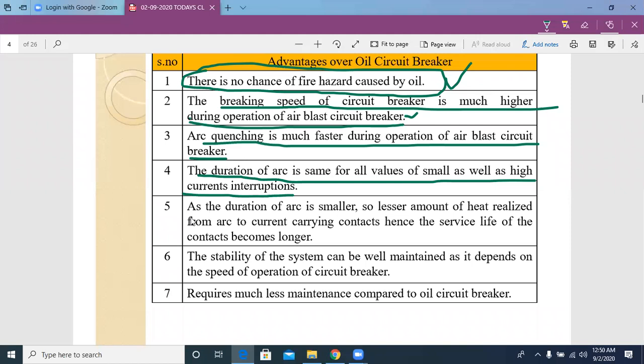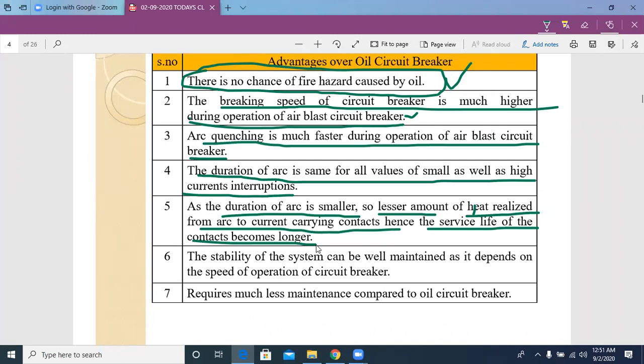The next advantage: as the duration of the arc is smaller, a lesser amount of heat is released. When the operation time is low, the heat released at the arc-carrying contacts is less, and the service life of the contacts becomes longer. Automatically the life of the circuit breaker is increased.